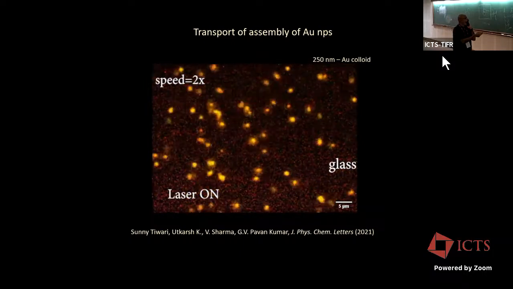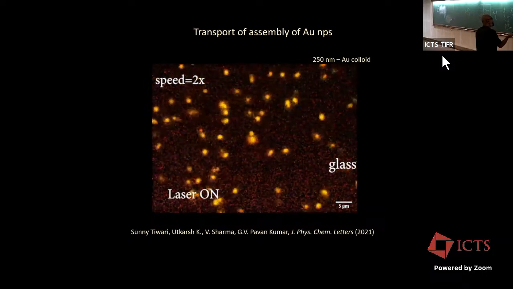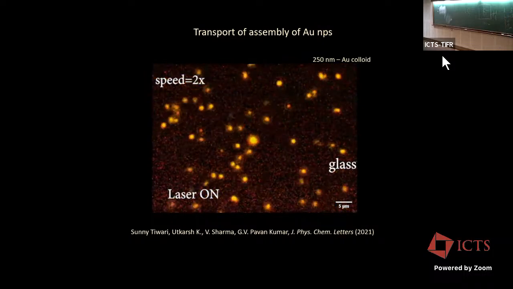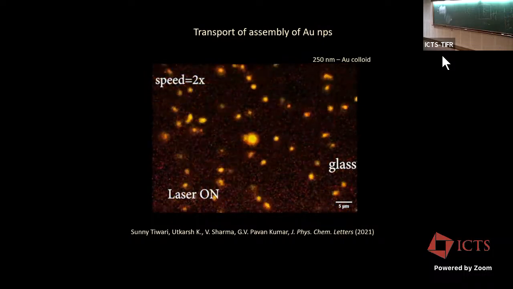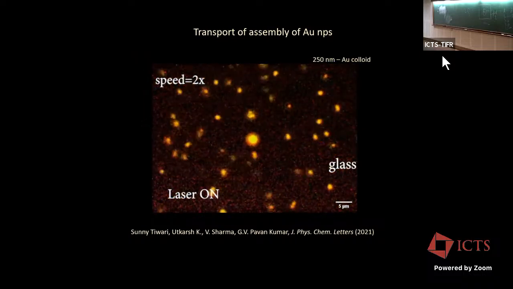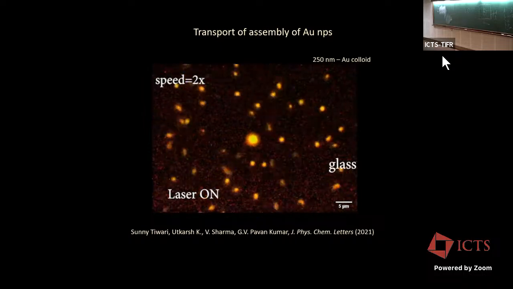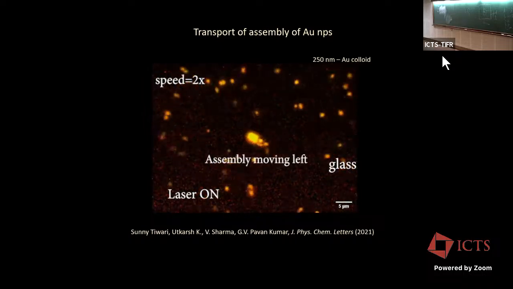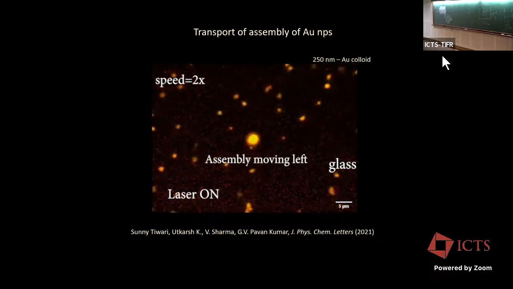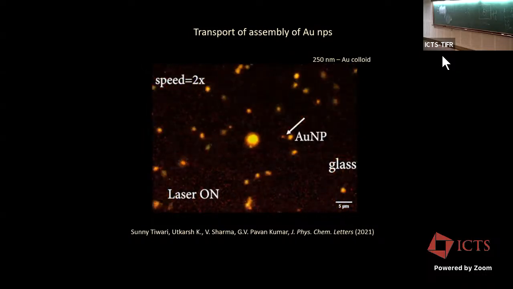We'll now assemble the particle. The particles are getting assembled at this particular location. You'll see that slowly, having assembled the particles, we'll start moving the aggregate by moving the laser beam. The anchor particle still remains at the same location, mind you. You'll see the assembly is moving towards the left. The anchor particle here, you see the particle hopped from one region to the other.